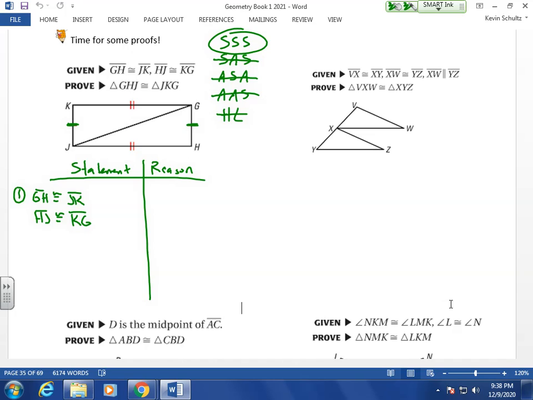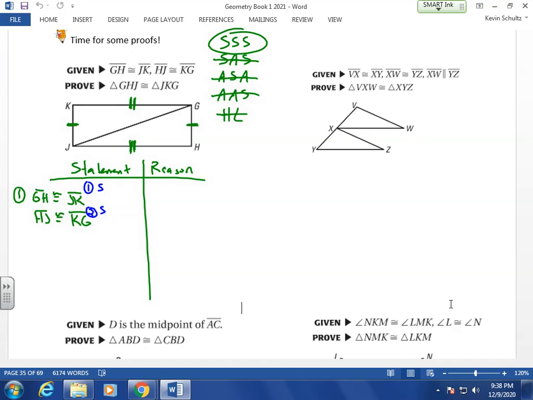And then HJ right here is marked congruent to side KG. Well, if I'm keeping track of my corresponding parts, there's one side, there's a second side. I only need to prove that my third corresponding side is congruent, and I've got my side, side, side.